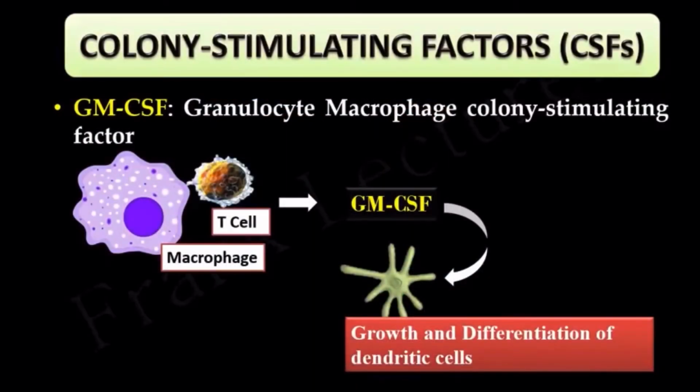GM-CSF is a monomeric glycoprotein secreted by macrophages, T cells, and natural killer cells. It functions as a cytokine. This cytokine is a protein, and it's in a category of signaling molecules that mediates and regulates immunity. GM-CSF promotes dendritic cell accumulation at sites of inflammation and enhances antigen-presenting cell function.